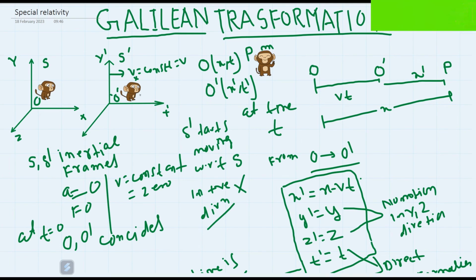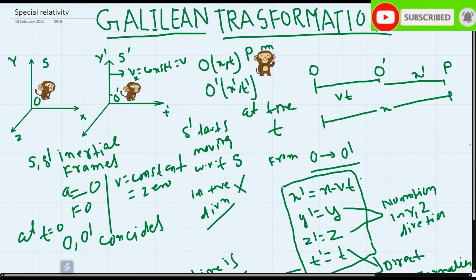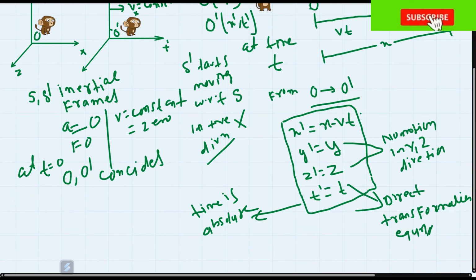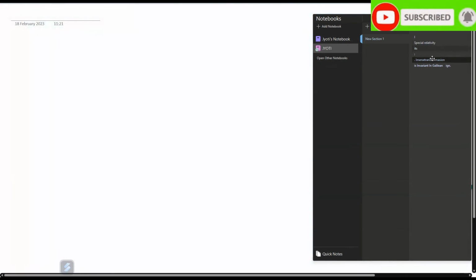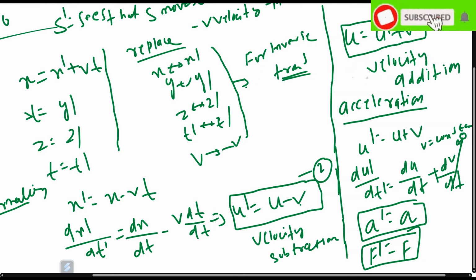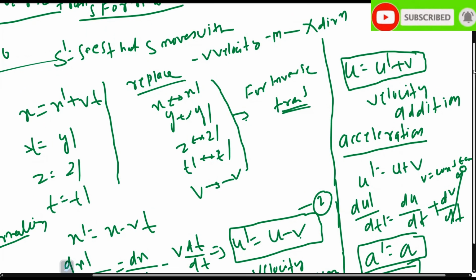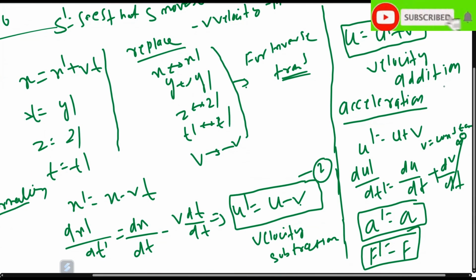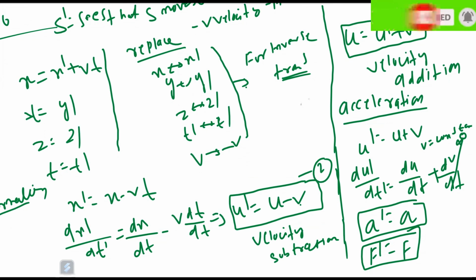And here we have a particle of mass m having coordinates x, t and x prime, t prime with respect to O, and we have tried to find a relation between both frames for a particle at P. So for that we derived the direct transformation equation x prime to x, and then we went to its inverse Galilean transformation equation, and we have also found the velocity transformation equation, which gives us u prime equal to u minus v and u equal to u prime plus v.